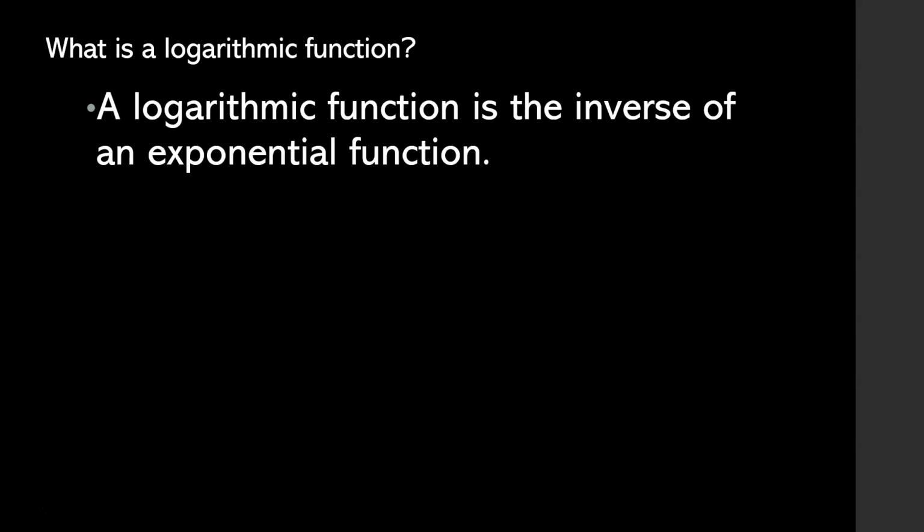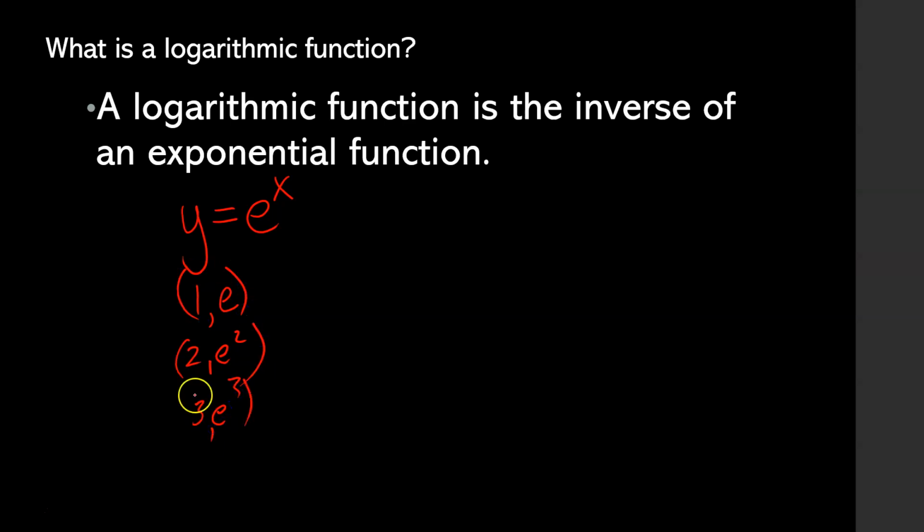So let's see. Y equals e to the power x has a bunch of ordered pairs. 1, e; 2, e squared; 3, e cubed; 0, 1; negative 1, 1 over e.